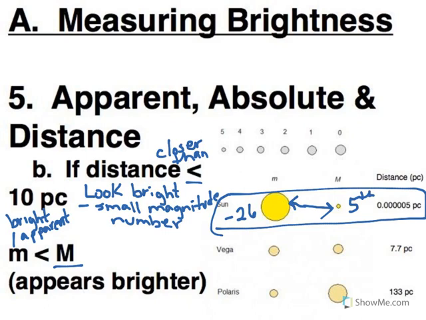So here's an example where negative 26 is a smaller number than 5. And so that's what we mean by little m being smaller than big M. So apparent is a number that is smaller. The appearance is brighter. And that's an awful system to use, and I know it, but it's what we're stuck with.